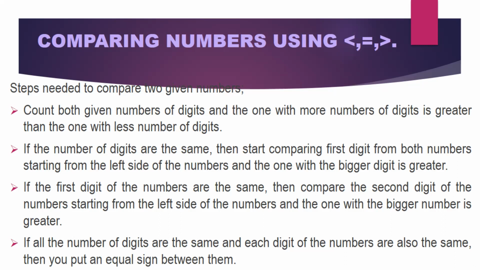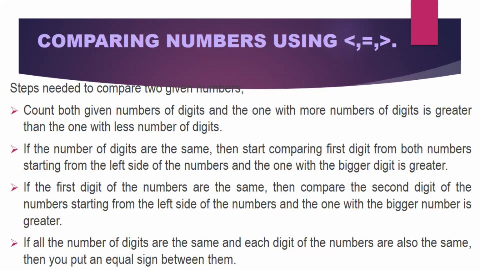Good. First one. Both sides have the same kind of numbers. To compare two numbers, you count the number of digits, and then you put the greater sign.